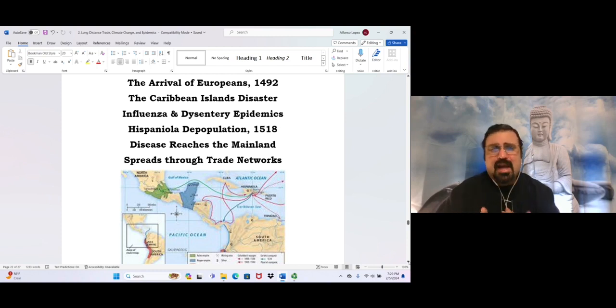From 1492 to 1518, the population of the island of Hispaniola, which is present-day Dominican Republic and Haiti, which contained about 500,000 indigenous inhabitants, went from 500,000 in 1492 to zero in 1518. It was totally depopulated of its original inhabitants, because there was absolutely no resistance to those diseases.